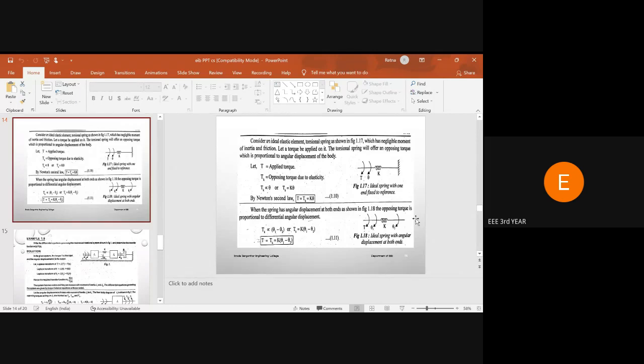In this spring, one end is fixed. When two ends are open, opposing torque due to spring Tk is directly proportional to theta 1 minus theta 2. So with two ends open, opposing torque due to spring equals k into theta 1 minus theta 2.